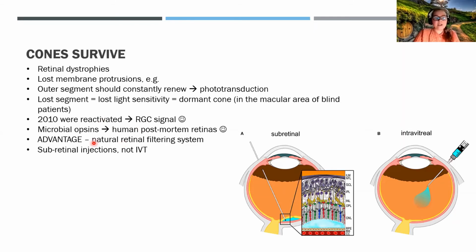An advantage of reactivating dormant cones is that we do not lose photoreceptor processing. We do not need the goggles that would compensate for that processing of information. And in this case, we need somewhat deeper injections in the eye, that look like that, not intravitreal injections.